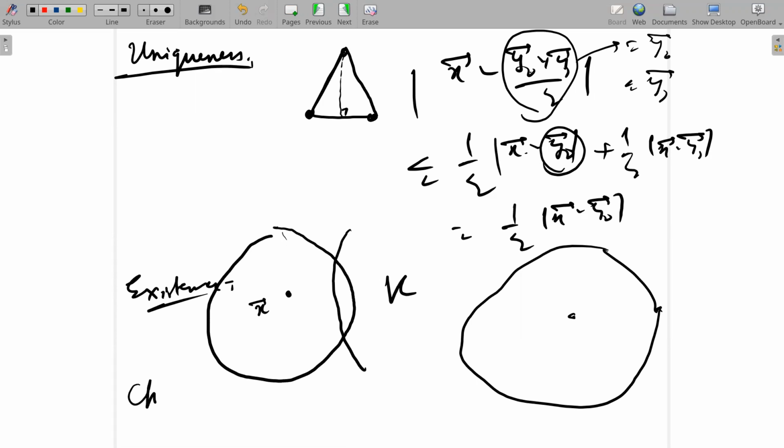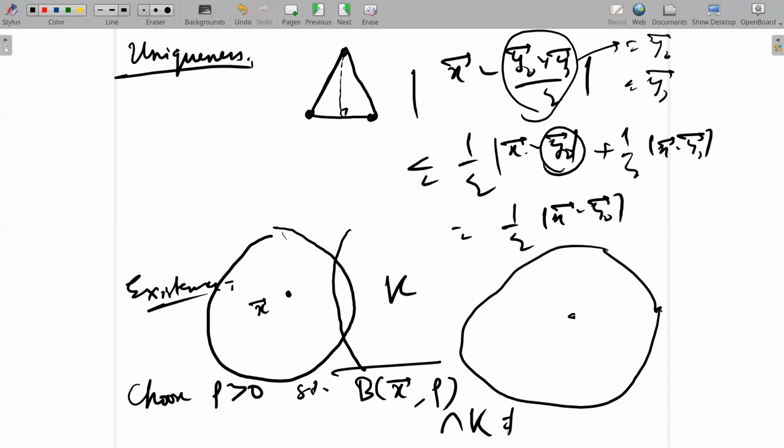Choose rho bigger than 0 such that the ball B(x, rho), centered at x of radius rho, intersected with K is non-empty. You can do such a thing because you keep increasing rho, and at some point it has to intersect, otherwise K is empty. So now look at this region, the intersection of B(x, rho) and K. That has to be compact, right? Because this ball is compact.